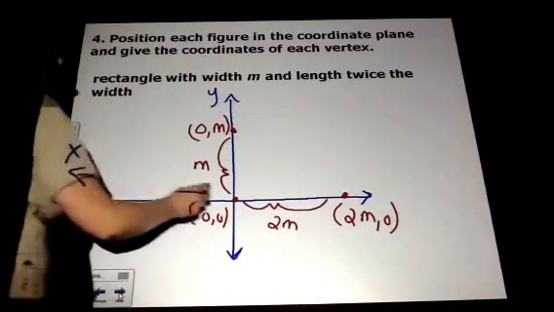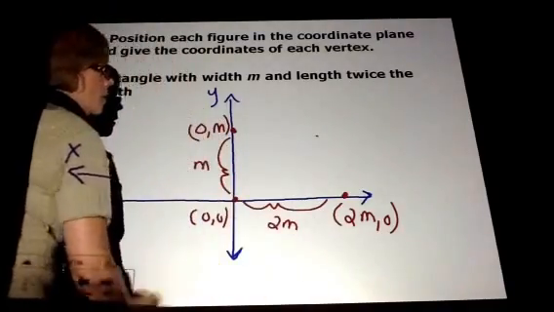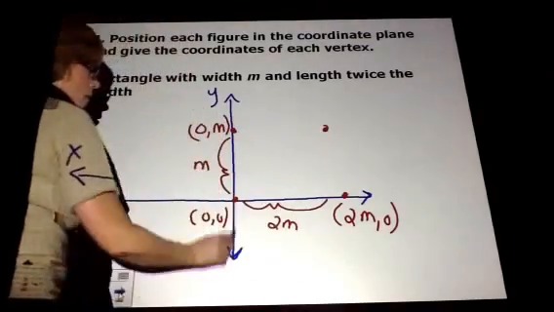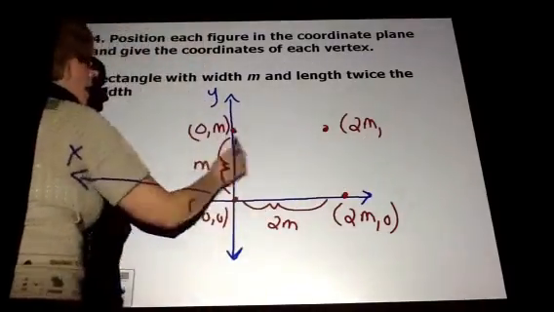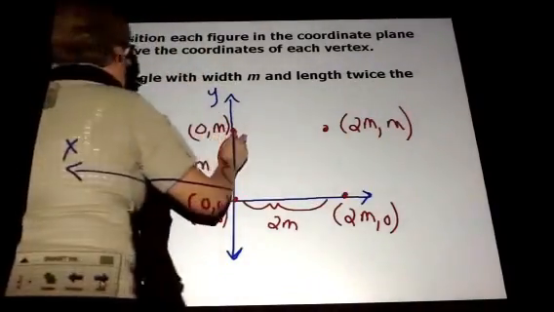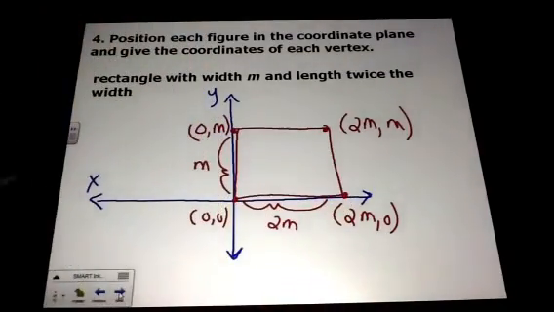And then our last vertex, okay, so we go right 2m, and we go up m. And there's our rectangle.